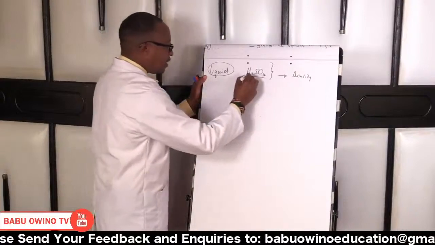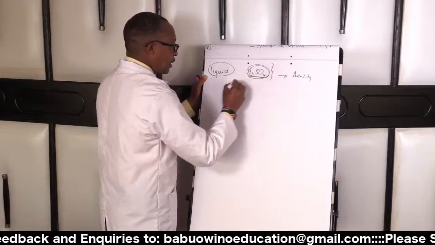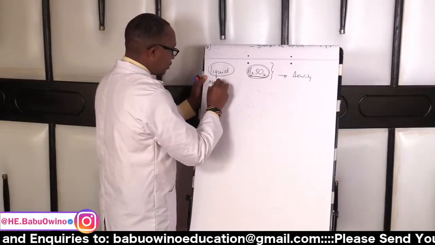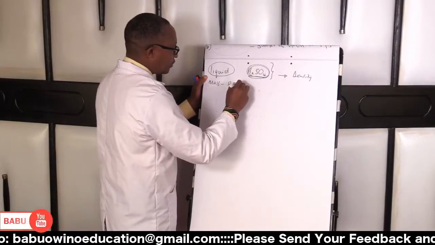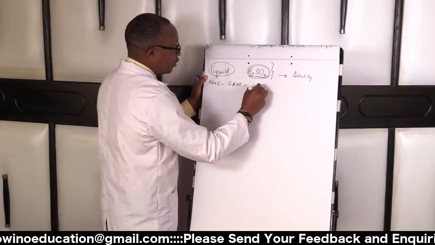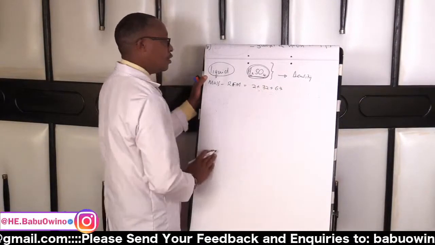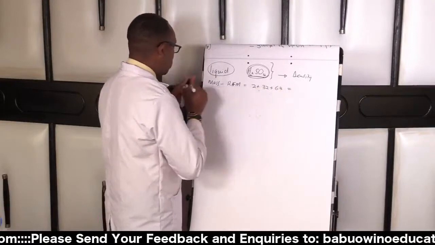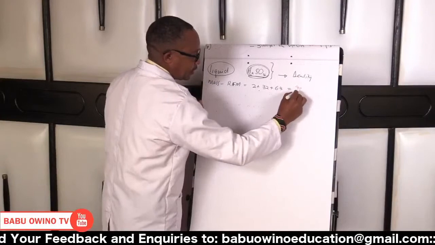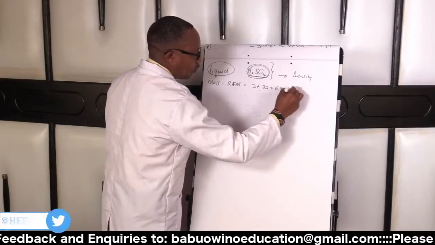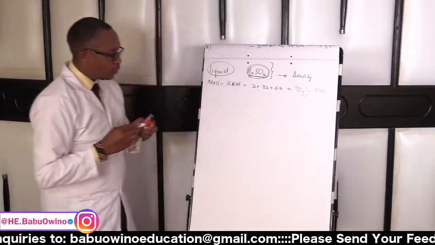So this concentrated sulfuric acid has a relative formula mass of 2 for hydrogen, 32 for sulfur, and 64 for oxygen, giving us a total of 98. So when we take 98 grams of this, that will be the formula mass, and that is the one we are going to use.